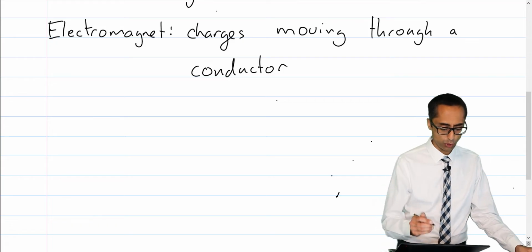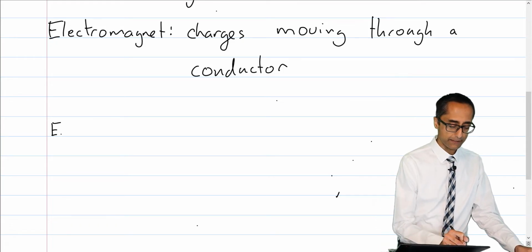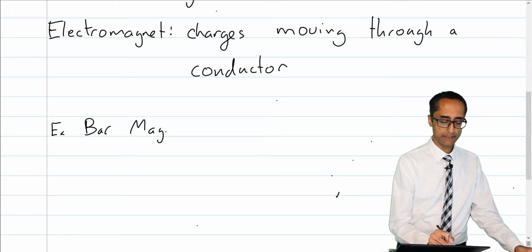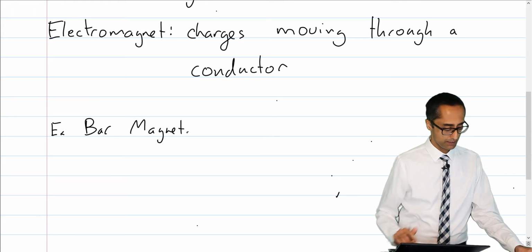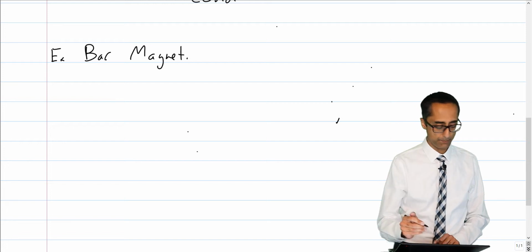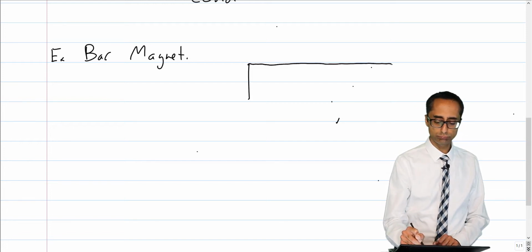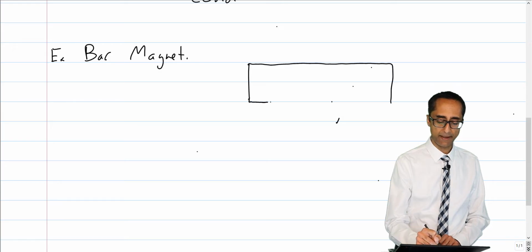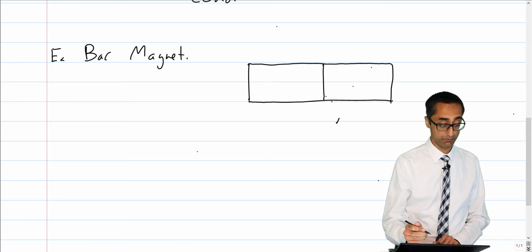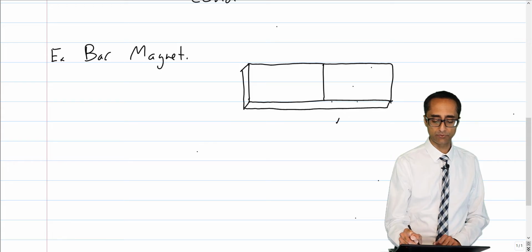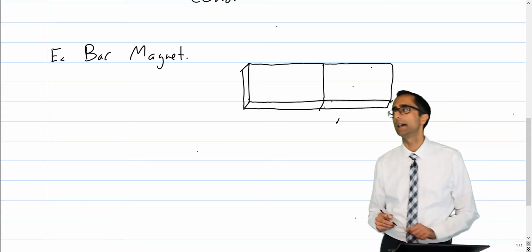And specifically, we can look at a bar magnet. Everyone has seen a bar magnet before. Let me give it a bit of a drawing here. And the fundamental characteristic of the bar magnet is not just that it displays magnetic properties, and therefore can attract and, as we'll see later on, repel.